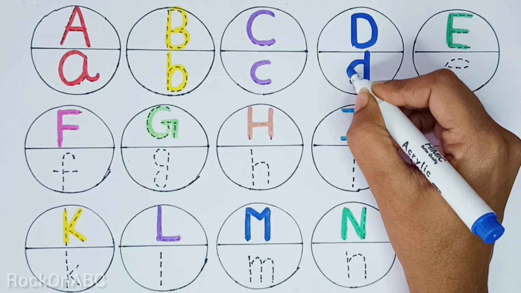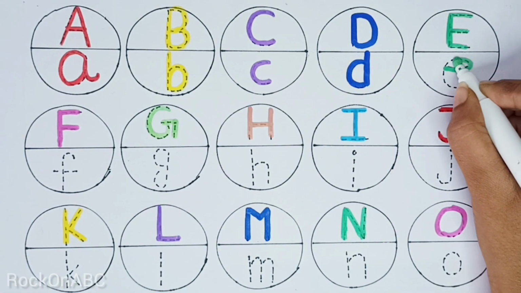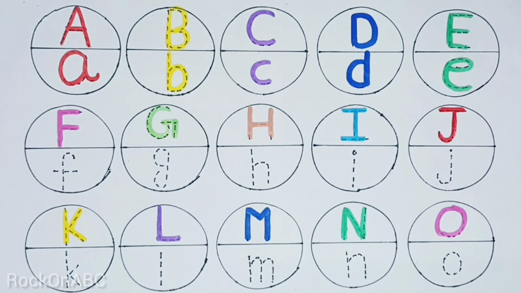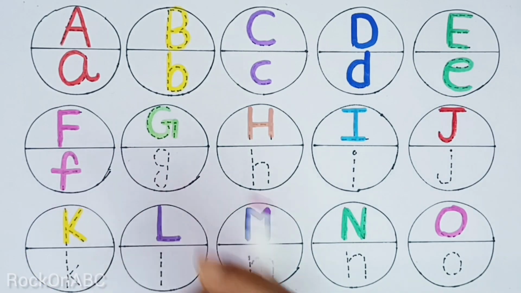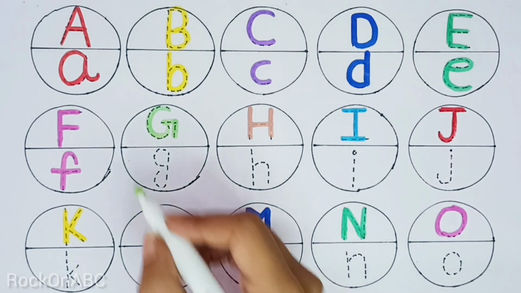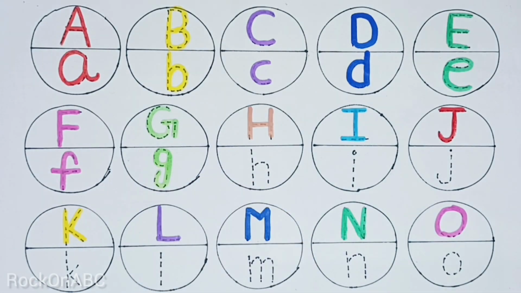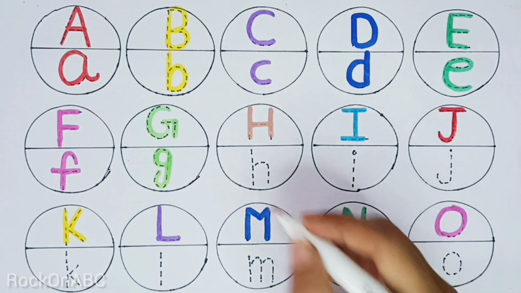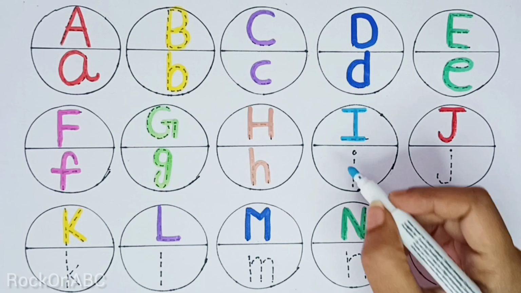Small d. Blue color. Small e. Green color. Small f. Pink color. Small g. Parrot green color. Small h. Brown color. Small i. Blue color.